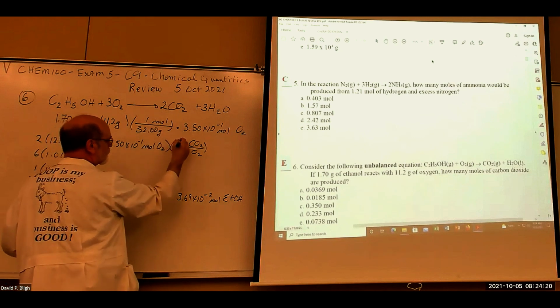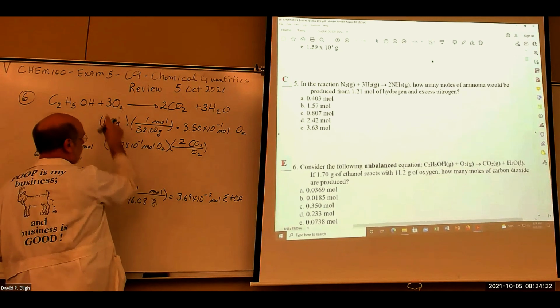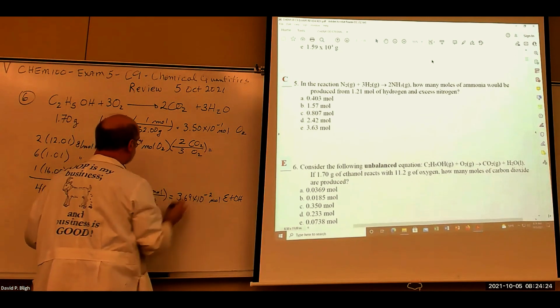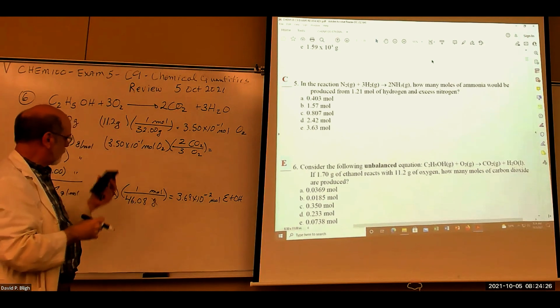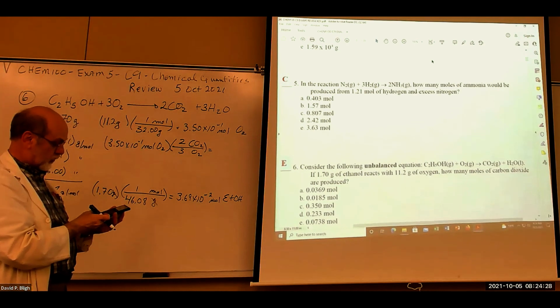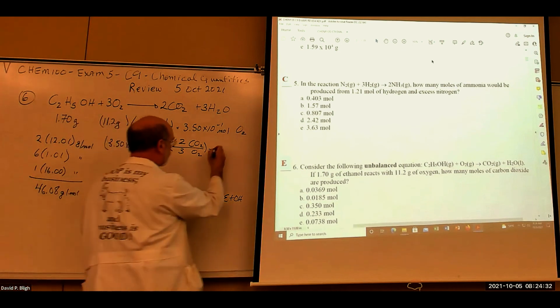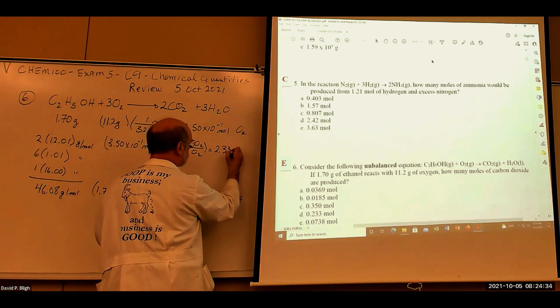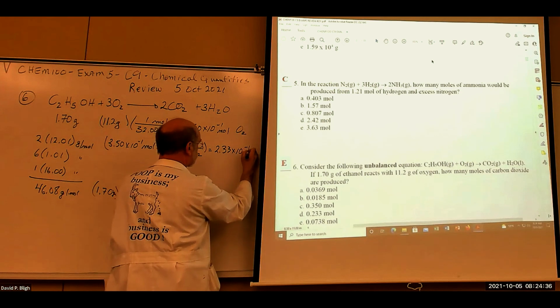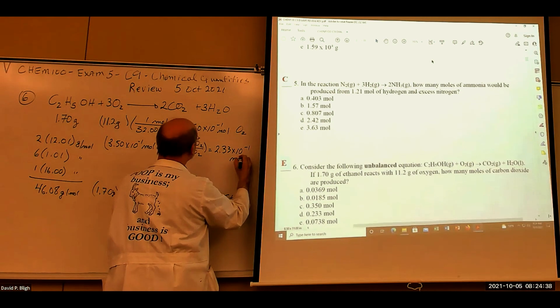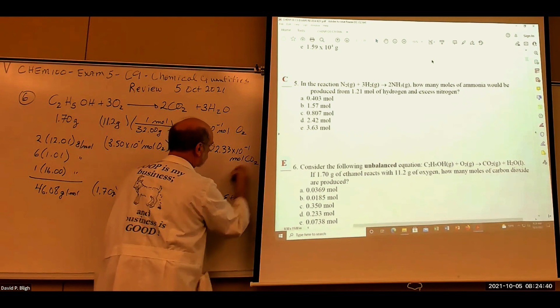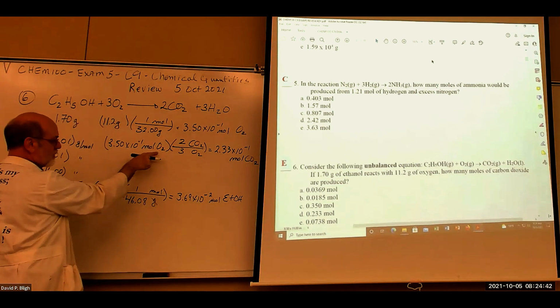Coefficient for carbon dioxide is 2, and for oxygen is 3. So I need to take that last number and take 2/3 of it, which is 2.33 times 10 to the minus 1 moles of carbon dioxide. That's produced from oxygen.